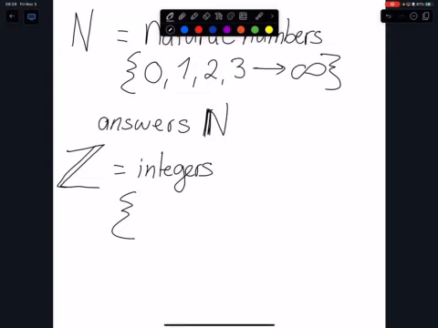And integers are whole numbers ranging from negative to positive.